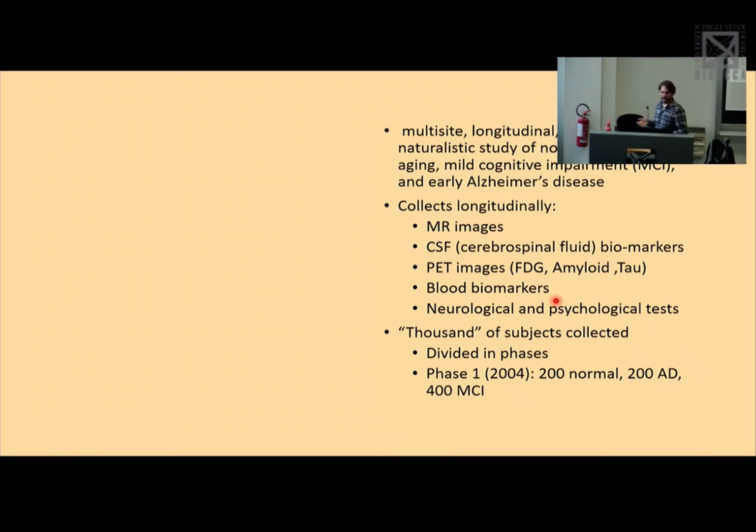There are thousands of subjects collected, divided in multiple phases, with phase 1 starting in 2004 with 200 normal subjects, 200 clearly evident Alzheimer's disease, and 400 subjects with mild cognitive impairment, which, being such a non-specific definition, could easily develop into Alzheimer's, but sometimes not.